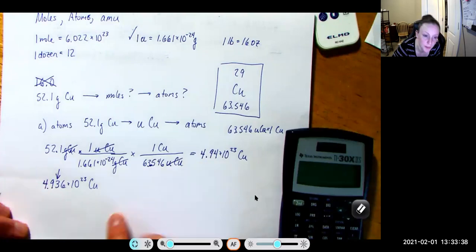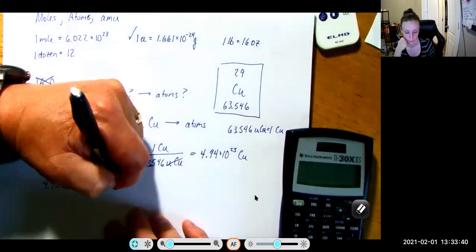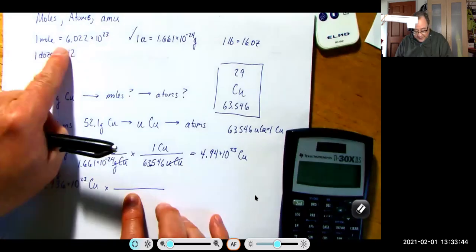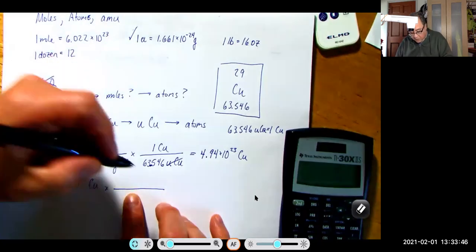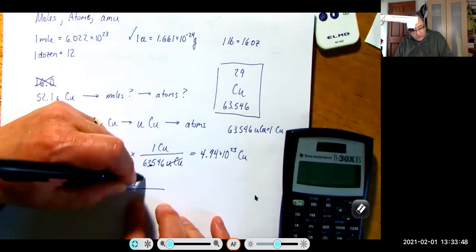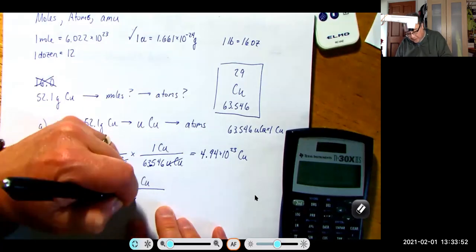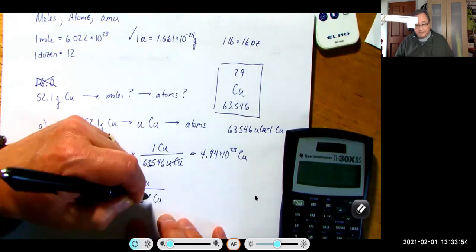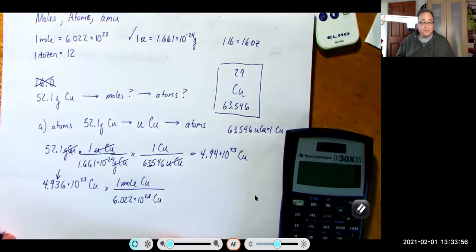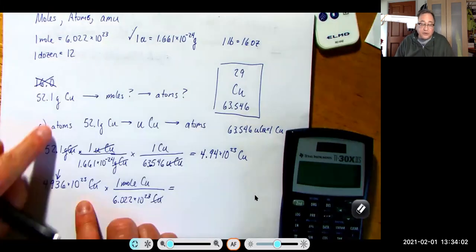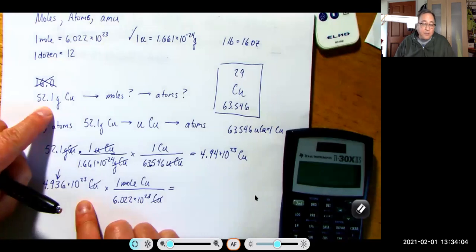Yeah. Now times here we're going to use our labels again. 1 mole of copper to 6.022 times 10 to the 23 coppers. So these cancel, and we know that this is less than 1 mole, so the answer should be about 0.8 mole.